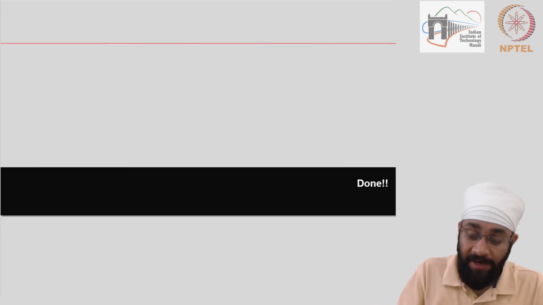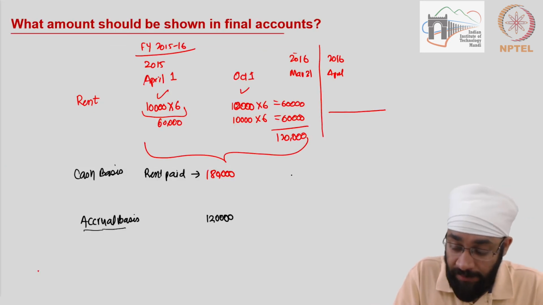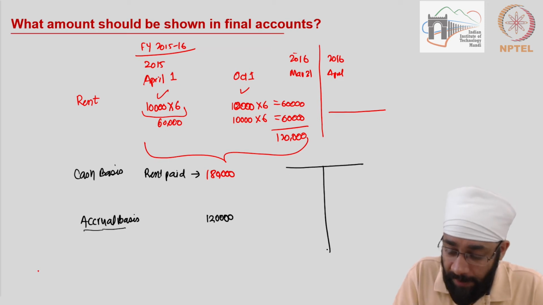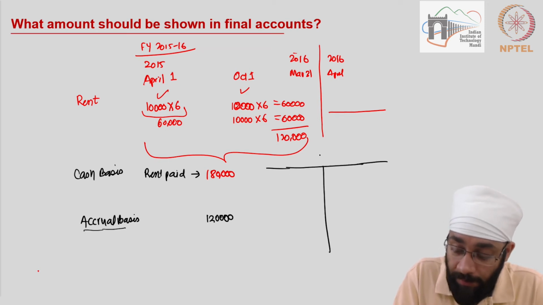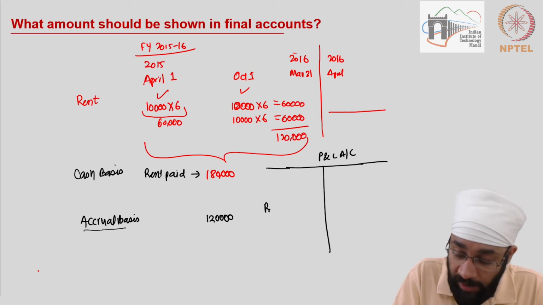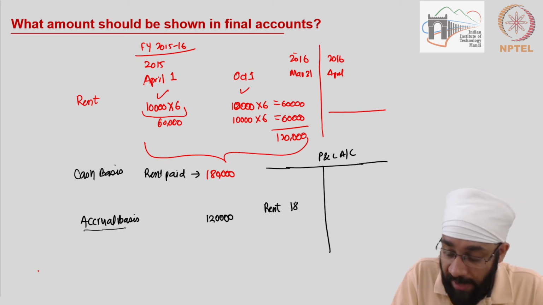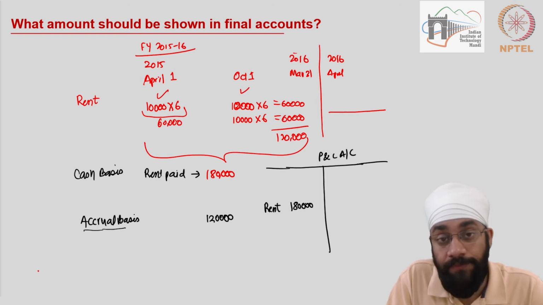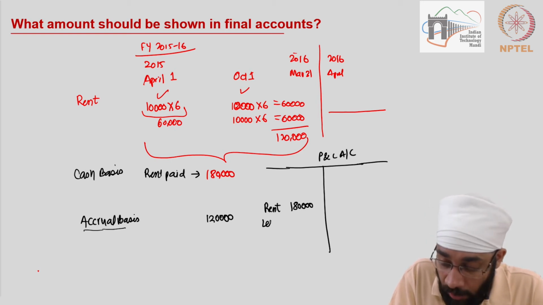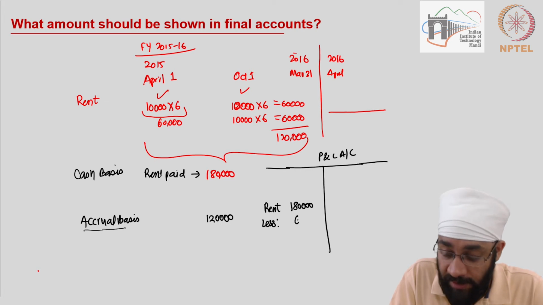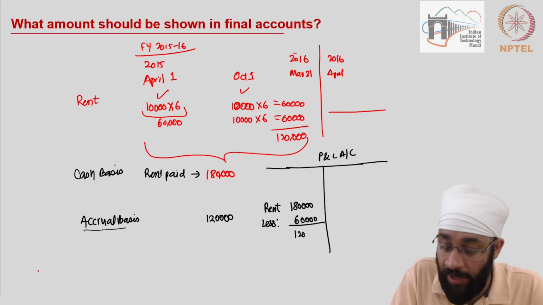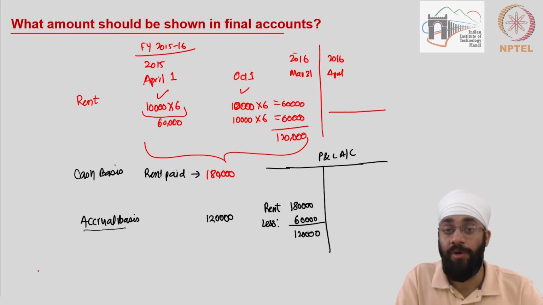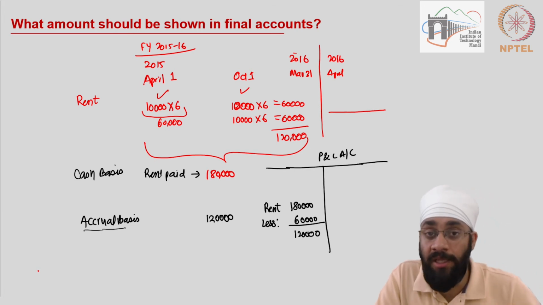So when you prepare the income statement, let me prepare it here. When you prepare the profit and loss account, you are going to show rent paid as 180,000, and then you are going to deduct from it the 60,000 which is for the next year, and actually you can only show 120,000 as the expense in the current year.